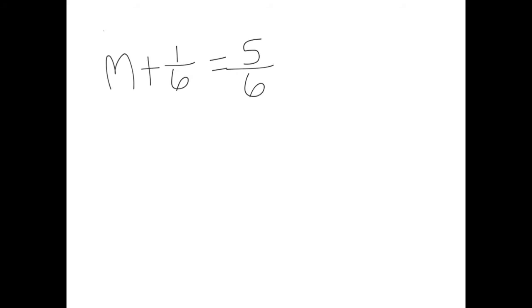Today we're going to use fractions in this property. So I have m plus 1/6 equals 5/6. So to undo addition we have to do subtraction. So we would have to subtract 1/6 from each side.